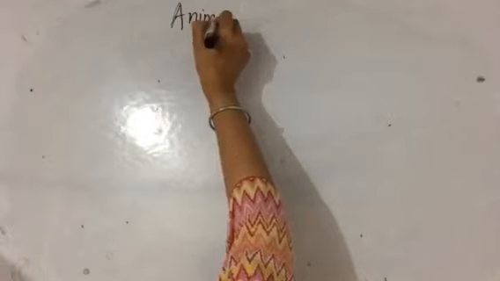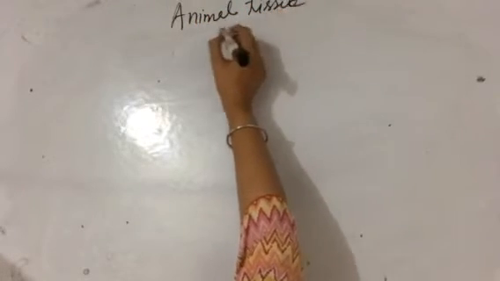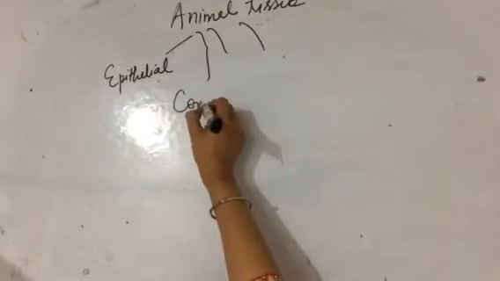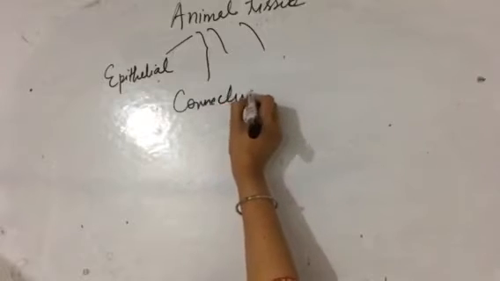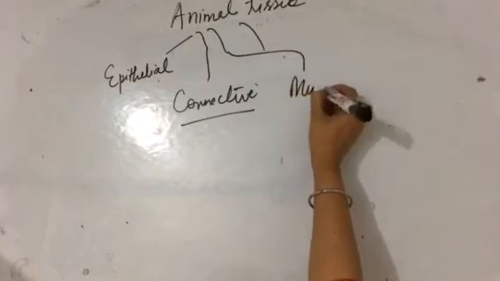Animal tissue is of four types. Number one is epithelial tissue. Number two is connective tissue. Number three is muscular tissue.